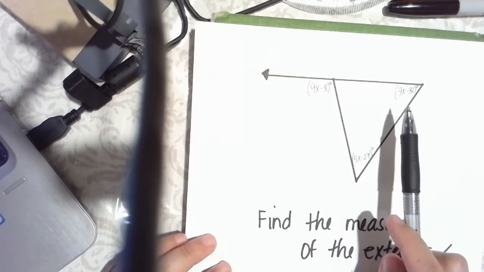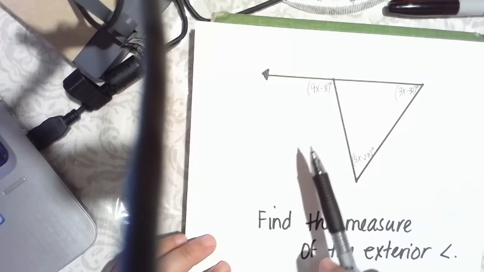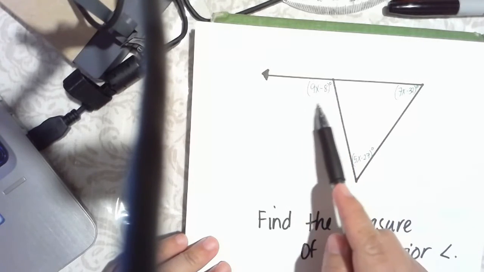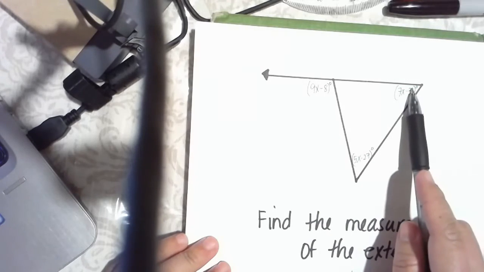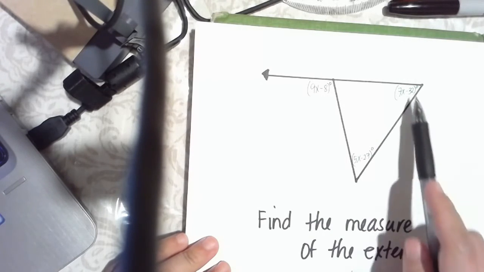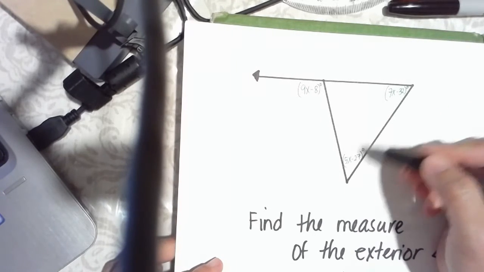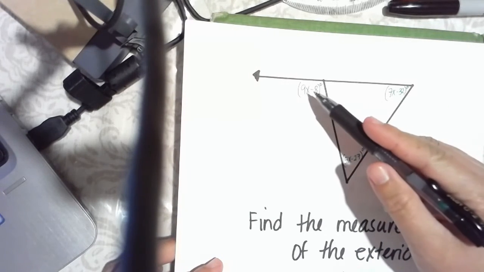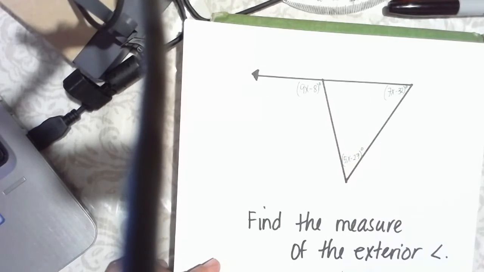This is the EAT, or exterior angle theorem, which means that an exterior angle is equal to the two non-adjacent interior, or remote interior, angles. So first, we need to add these two remote interior angles and equate it to the exterior, which is 9x minus 8. What we need to find is the measure of the exterior angle.